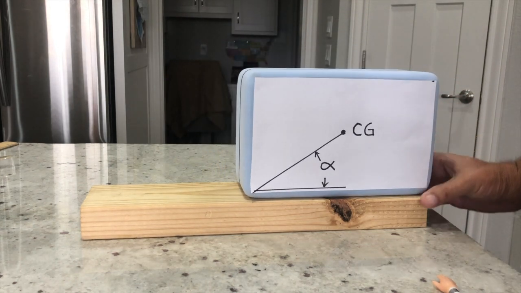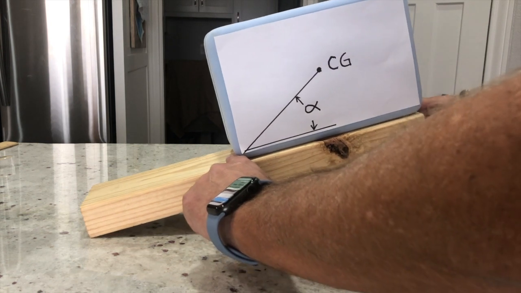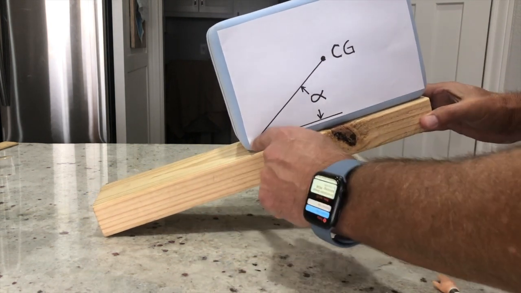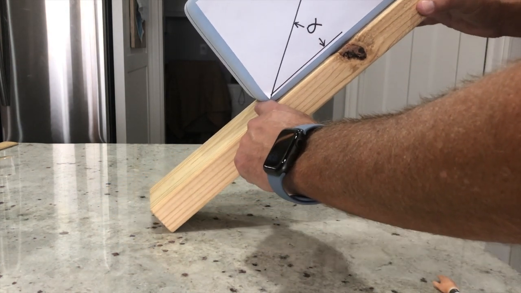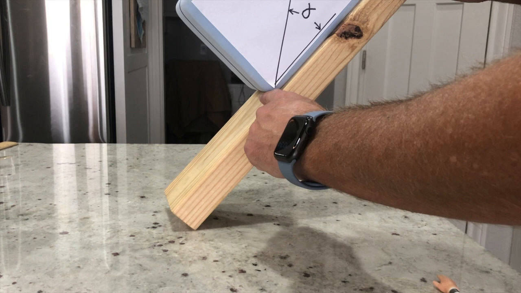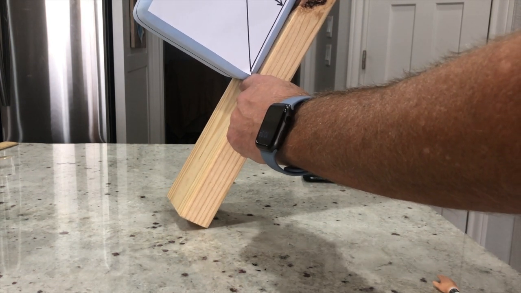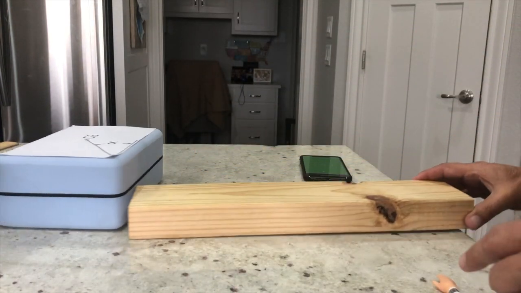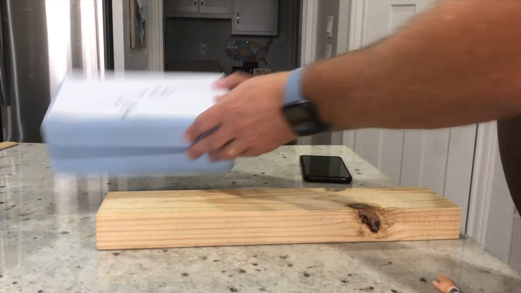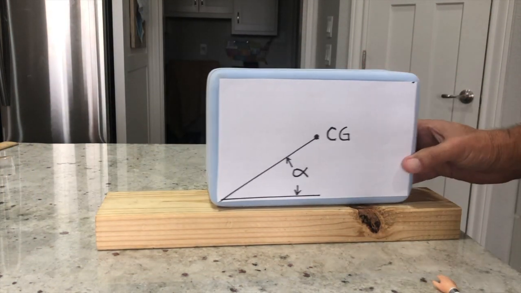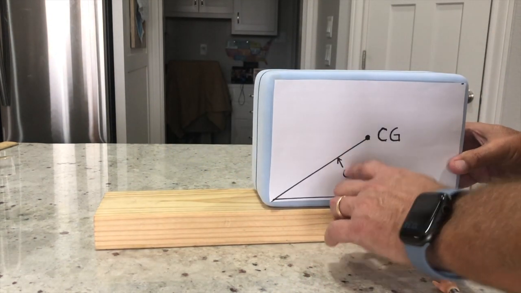I'm going to hold this to keep it from slipping. But as soon as we're watching this line here, as soon as this line gets past 90 degrees, close to 90, it tips over at that point. That's the idea of what's happening. When I talk about this getting at 90 degrees, this angle is alpha.